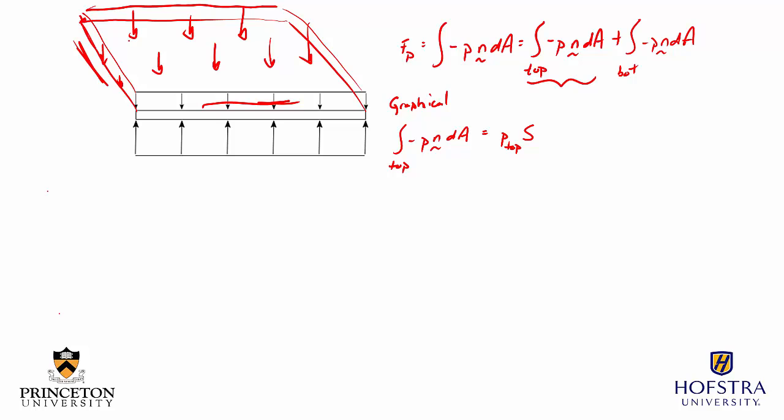Since pressure always acts perpendicular and onto the surface, all these vectors are pointed down, so I'm going to have a minus sign, in the negative vertical direction, or the minus j direction. So the force due to pressure on the top surface is minus p on the top times the area of the wing.